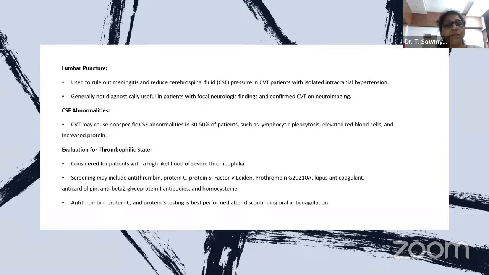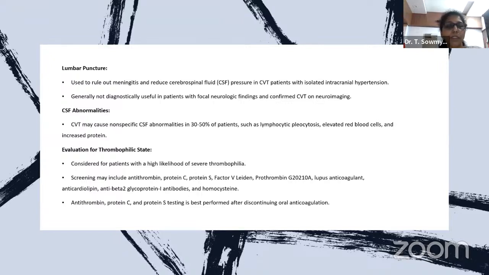And coming to the CSF abnormalities, in 30 to 50% of patients, most of it is non-specific, with lymphocytic pleocytosis with elevated RBC and protein.